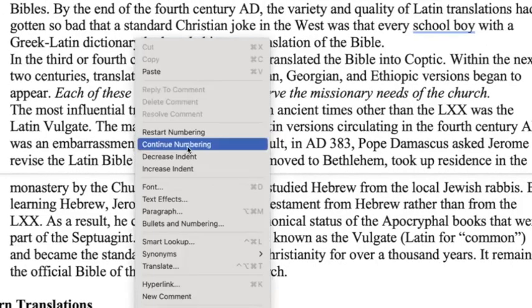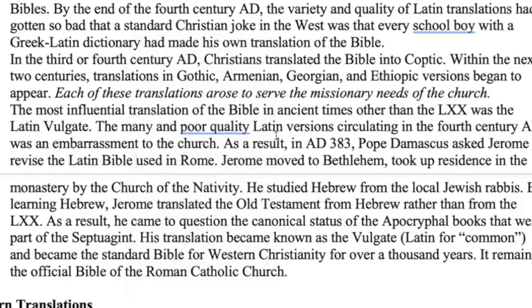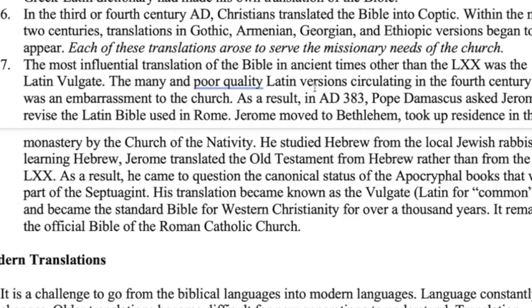Latin became the major translation of the Western Church, located in Rome. And so the translation that Jerome made, and this is talked about here, is known as the Latin Vulgate. The Vulgate became the major Bible for the Roman Catholic Church, still important for Catholics. So it is the Bible translated into Latin.